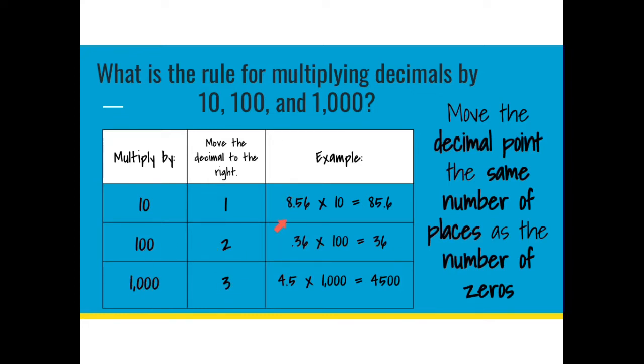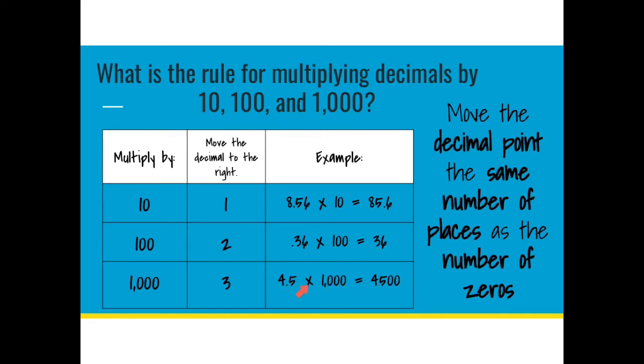If we look at our examples over here, 8.56 times 10, we're moving our decimal point 1 spot. Instead of between the 8 and the 5, it now becomes in between the 5 and the 6, giving us an answer of 85.6. Our second example is 0.36 times 100. We move it 2 spots, giving us an answer of just 36.